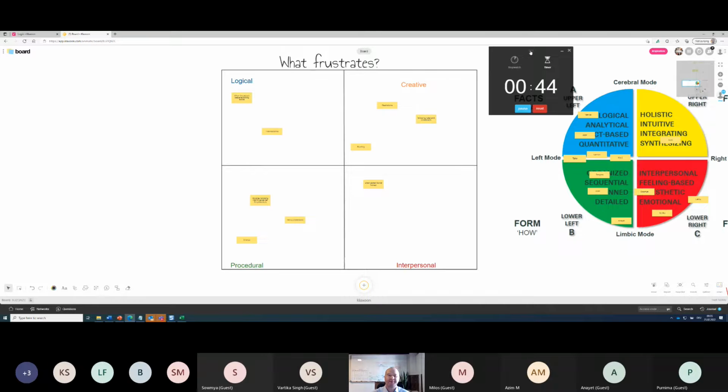Keep going. There's lots of logical, procedural people, so I'm looking for lots of frustrations around that, in terms of what frustrates you. Good, keep it going. 30 seconds. Come on, we've got to get some more post-it notes on the board so we can explore the frustrations. 15 seconds.